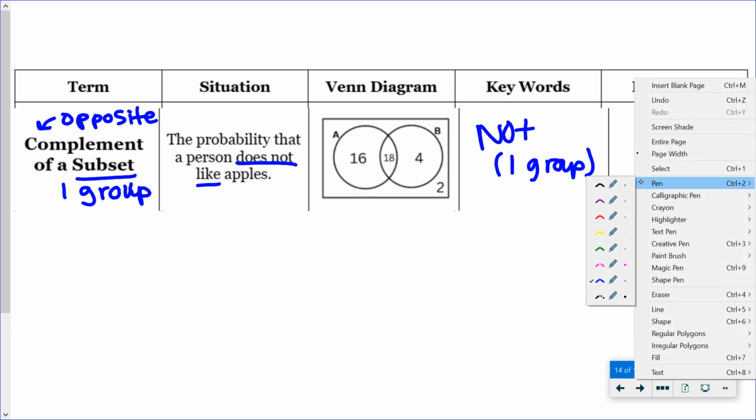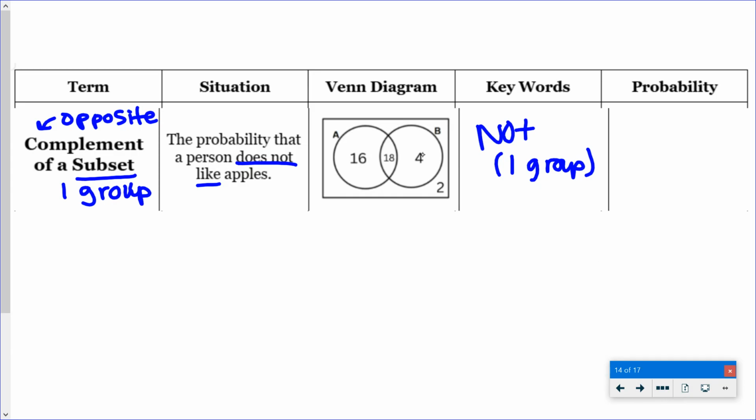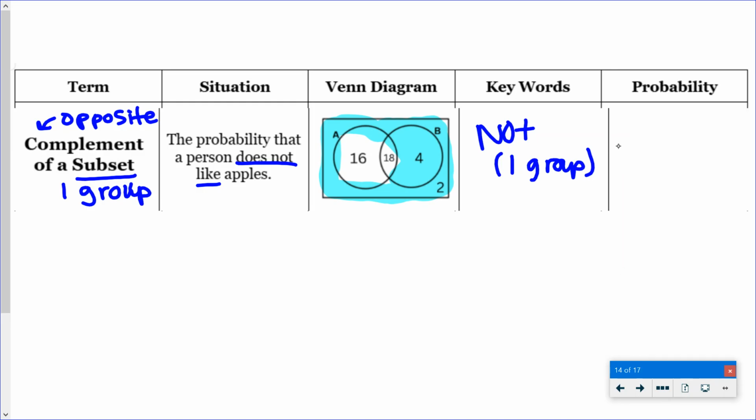So if it includes apples, we don't want it. So we want the people that like just bananas and that didn't like anything. Okay. I don't want the people that like bananas and apples because that includes apples. But I do want the people that didn't like anything. So that's why I shade around the whole rest of the rectangle that our Venn diagram lives within. So I can include those two people that didn't like anything.